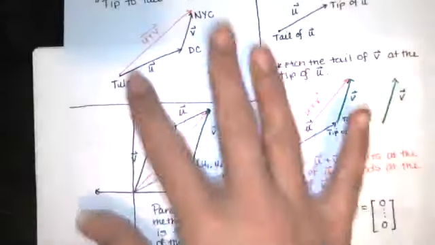And then because of what we saw with our tip to tail method and the parallelogram method, we saw at least one of our properties of vectors. I'd like to list the other properties that are listed in the Lay linear algebra text for you now.